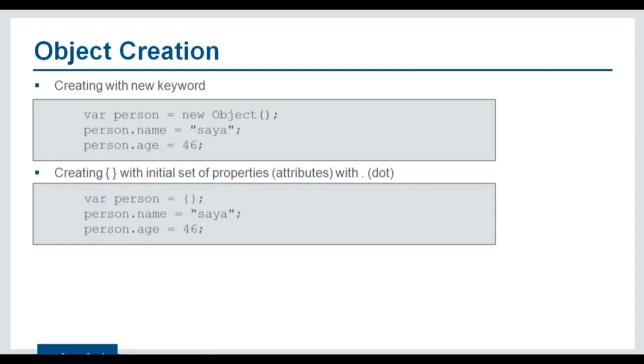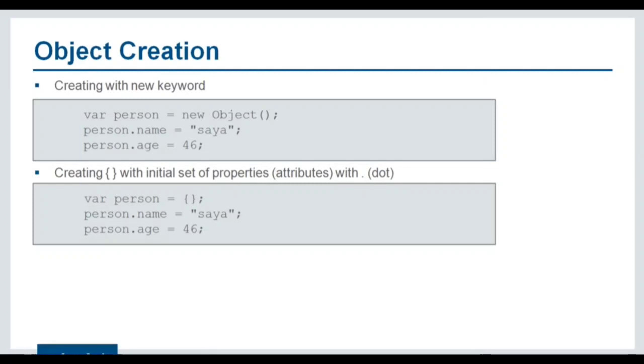How do we create an object? As I told you, an object is nothing but all the data that logically belongs to one entity put together under one name. And there are almost 6 ways we can declare or create an object.